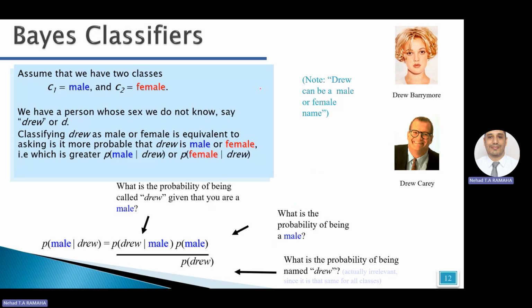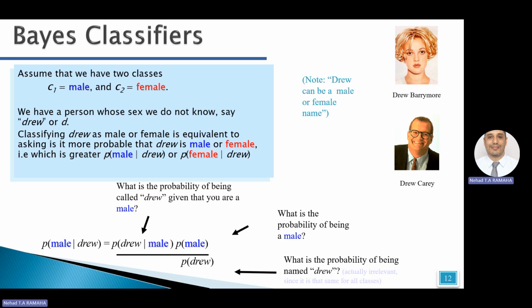Okay, anyway, we speak about the simple Bayes classifier. Why do we mention that it's simple? Because we will take a simple form of the Bayesian decision theory.